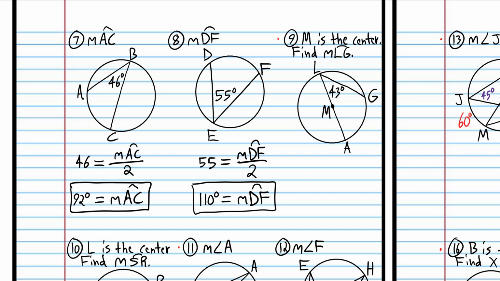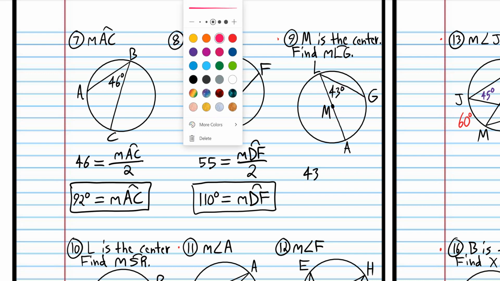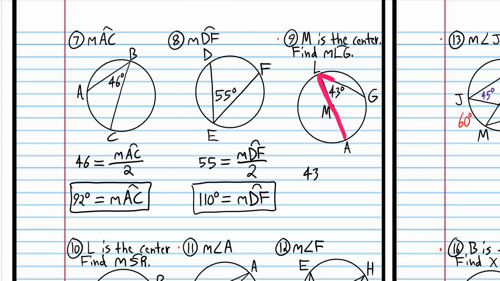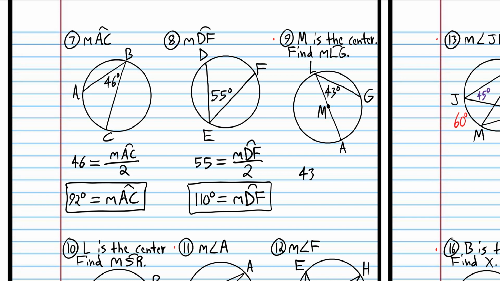So we know that this is an inscribed angle. So 43, the inscribed angle, is equal to the corresponding arc measure, which is AG, divided by 2.